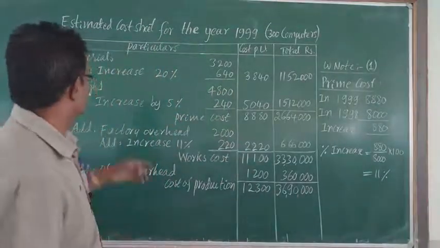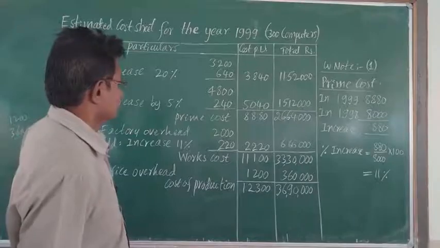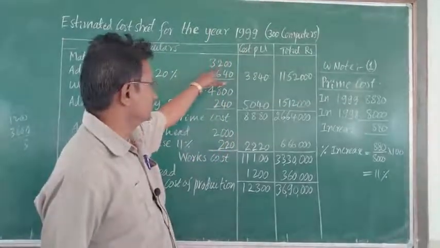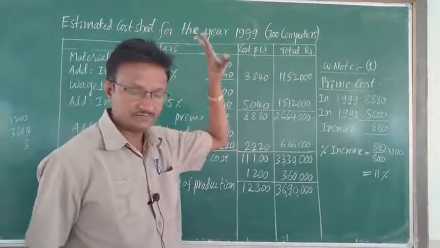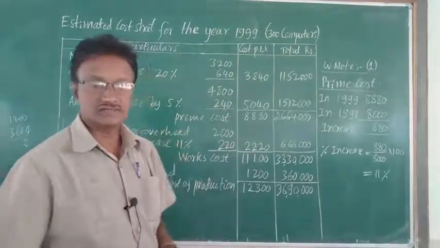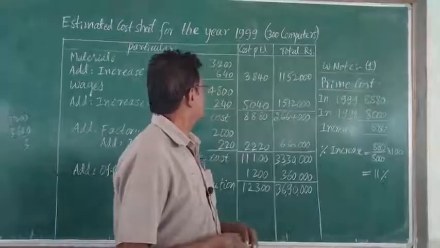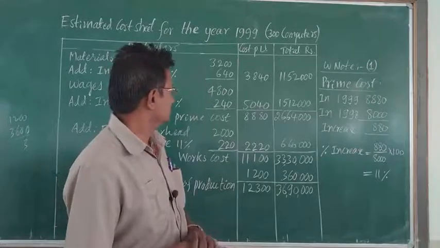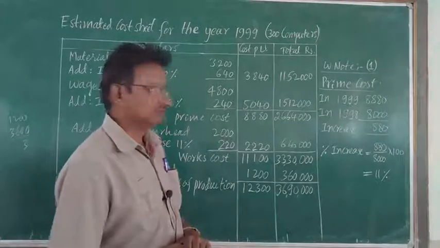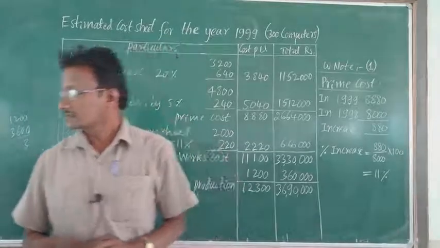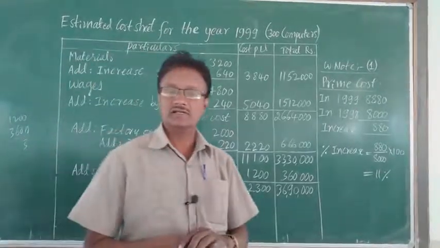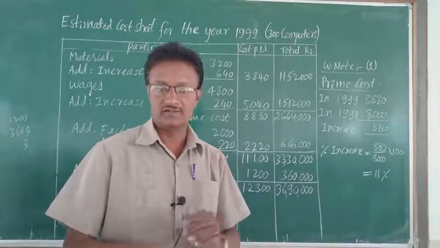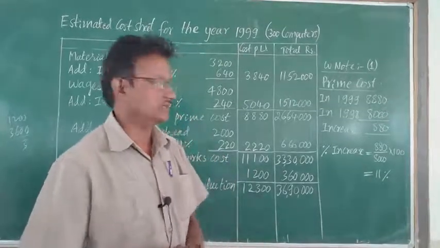So first take the materials cost. In the actual cost sheet, the material cost per unit is 3,200, and the total cost is 3,20,000. It is for 100 computers, and usually for 300 computers the material cost would increase proportionately.